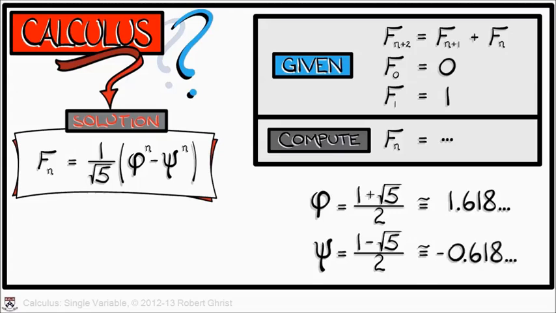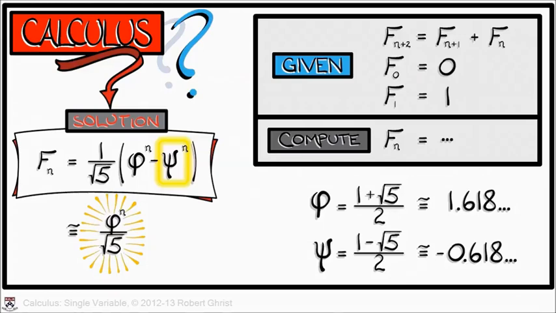Now, since the latter is negative, when we take a high power of that, it's going to be something that is negligible, very close to 0. And so we could approximate the nth Fibonacci number by phi to the n over square root of 5.